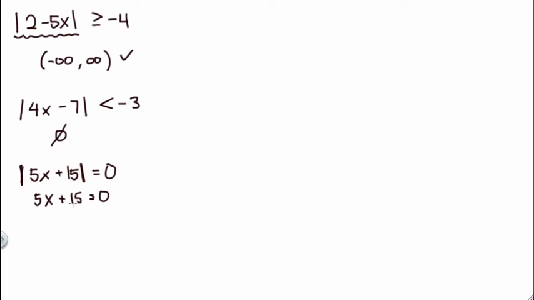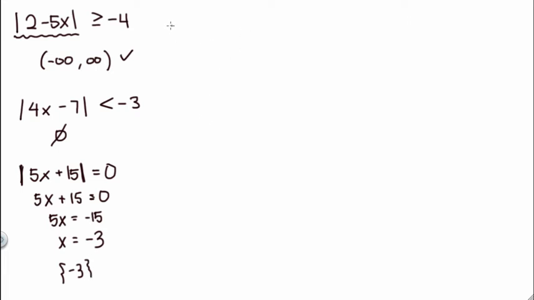So subtract 15, we get 5x equals negative 15. And if we divide by 5, we get x equals negative 3. So you can check that by plugging that in. Negative 3 times 5 is negative 15, plus 15 is 0. So our solution is negative 3 for that one.